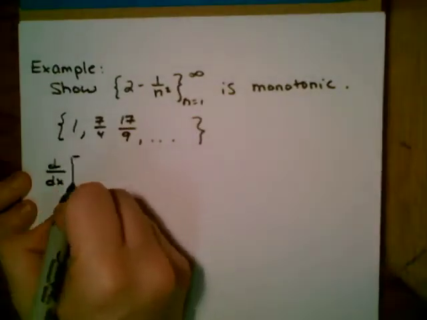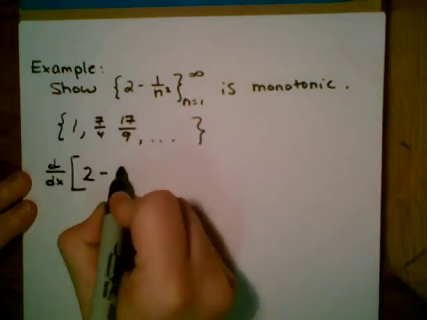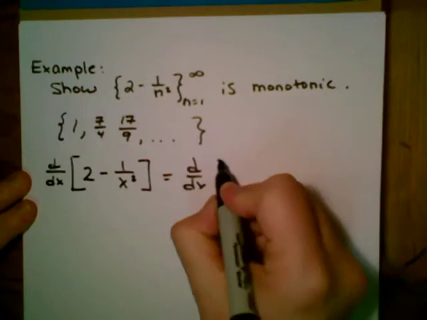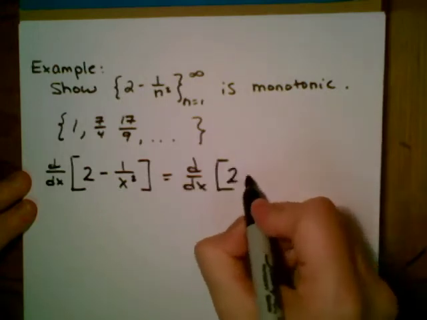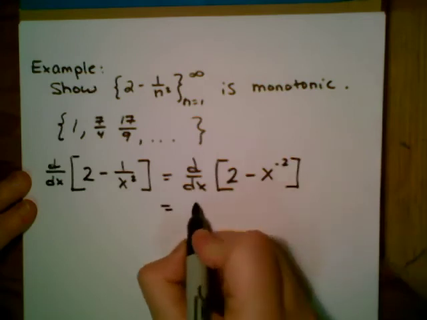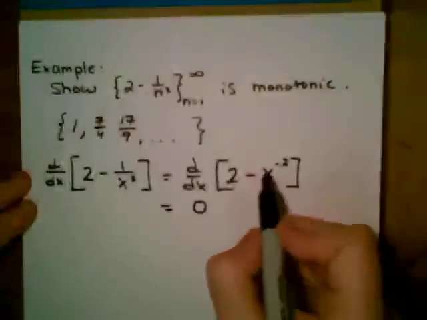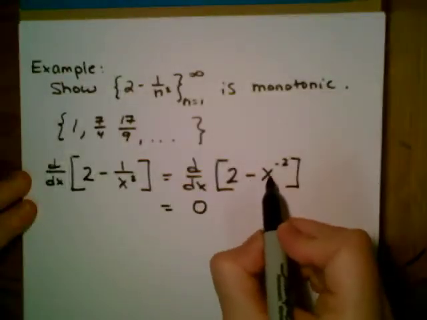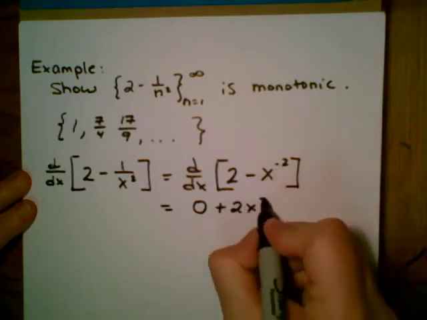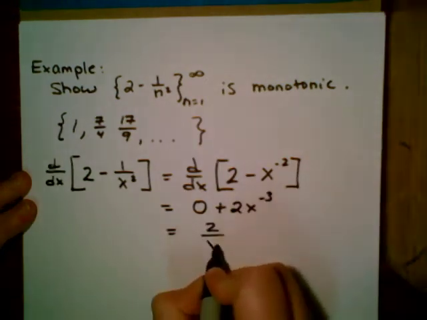So if we take the derivative of the function 2 minus 1 over x squared, we might rewrite that so that we can use the power rule: 2 minus x to the negative 2. And the derivative of the constant, well, that's just 0. And the derivative of negative x to the negative 2 becomes positive 2x to the negative 3, or 2 over x cubed.